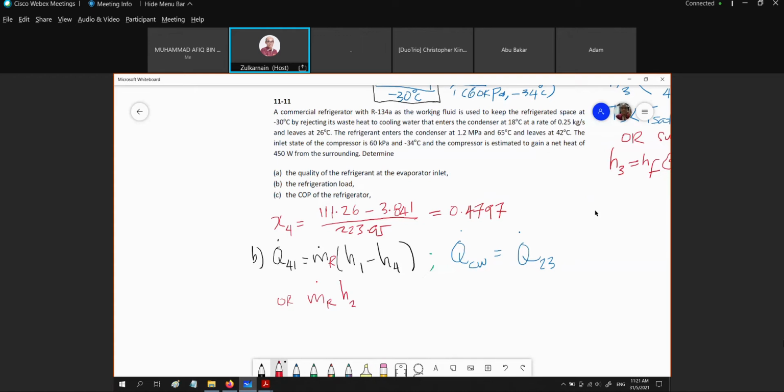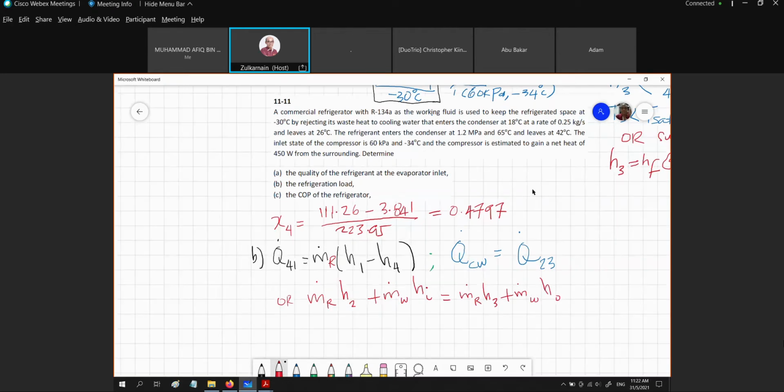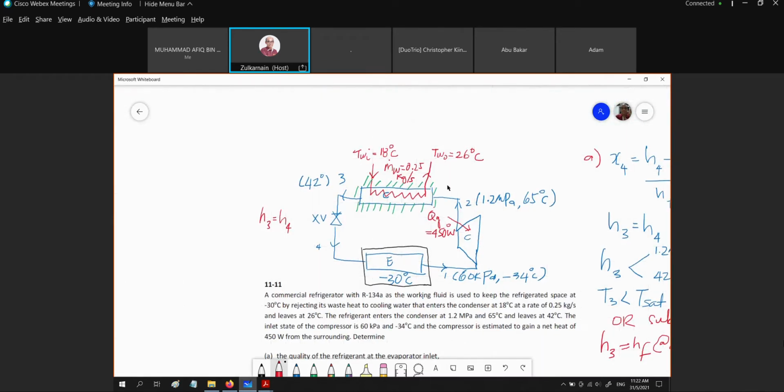H2 plus the mass flow rate of the water multiplied by the inlet enthalpy, which is equal to M dot R H3 plus M dot W H naught. So this is what we can write. Basically, look at the energy balance of this condenser.